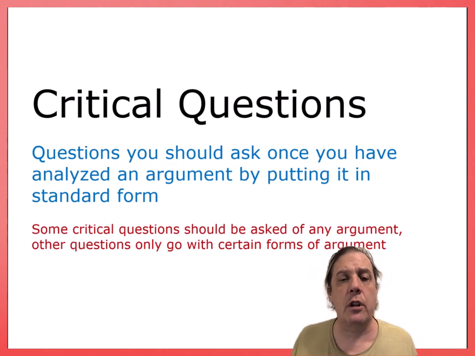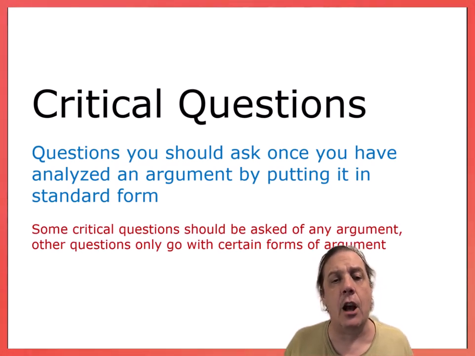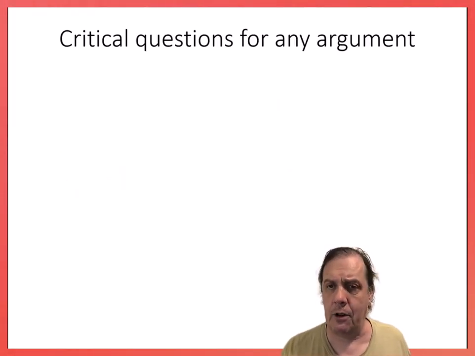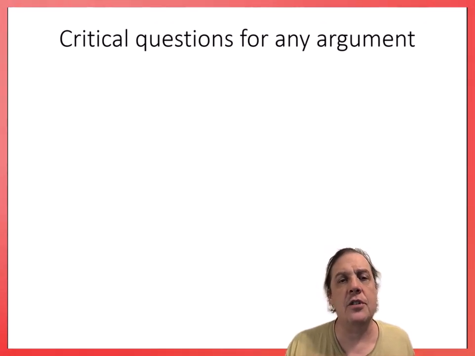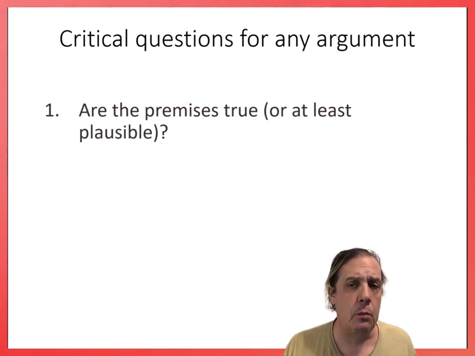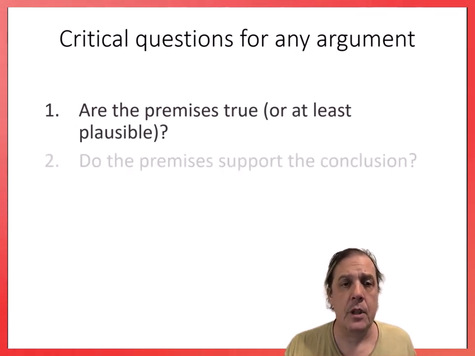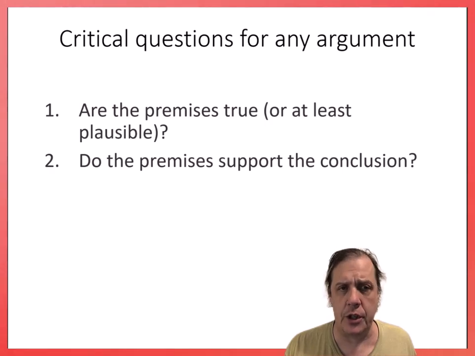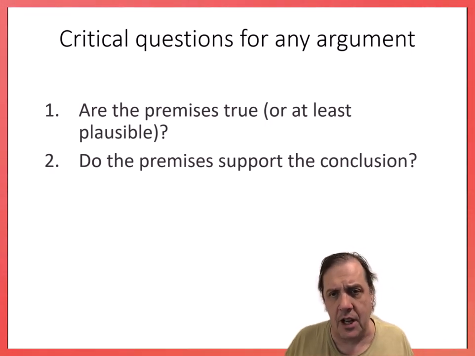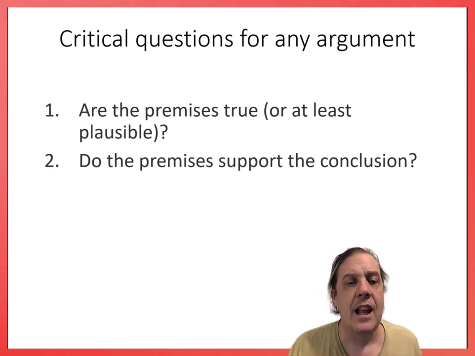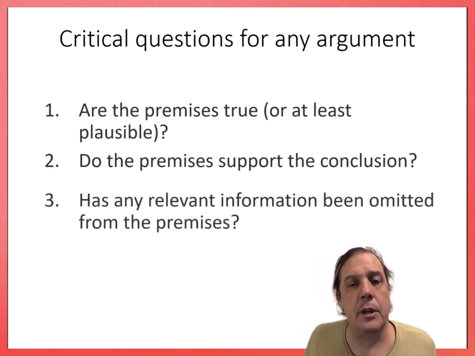And some critical questions can be asked of any argument, and others only go with certain forms of argument. So to remind ourselves, the critical questions that go with any argument are: are the premises true, or at least plausible? Do the premises support the conclusion enough given the circumstances? And has any relevant information been omitted from the premises? We can always ask these questions, and we always should.